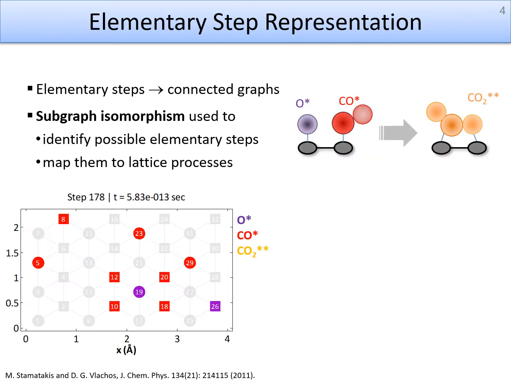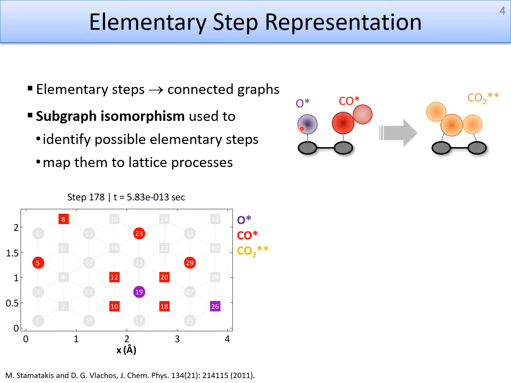Now, we have talked about the representation of the catalytic surface as a lattice and also the state, but what about the elementary events that change the state of the lattice? So the elementary events are also captured as graphs. So here is an example, CO oxidation. So this is one side of the pattern, the graph pattern that corresponds to the elementary event.